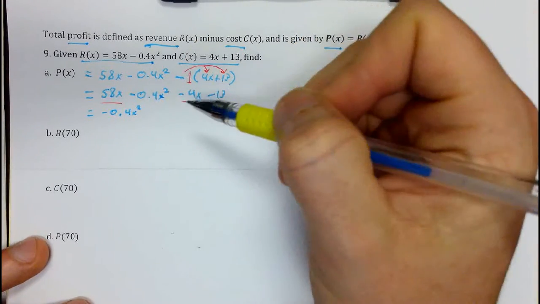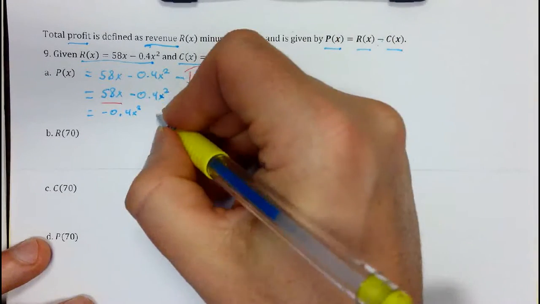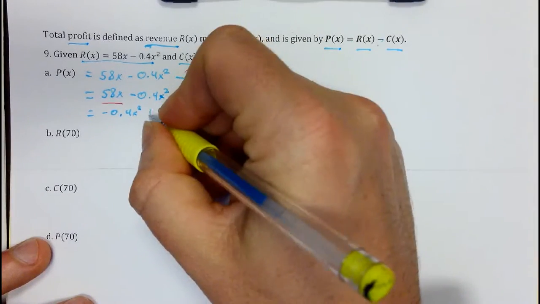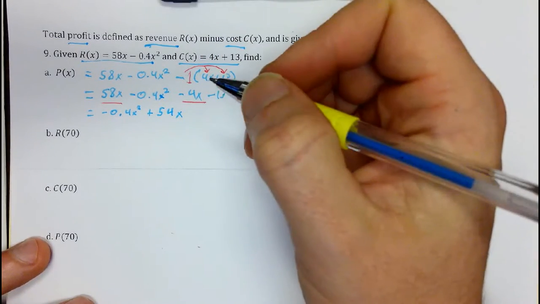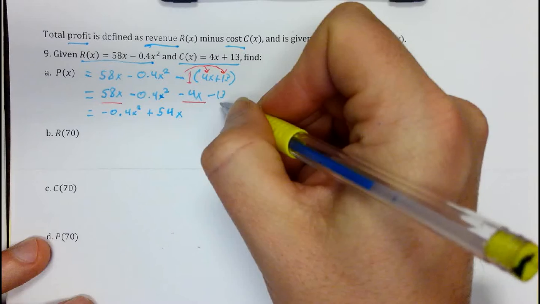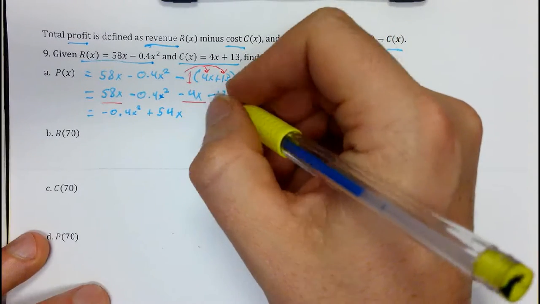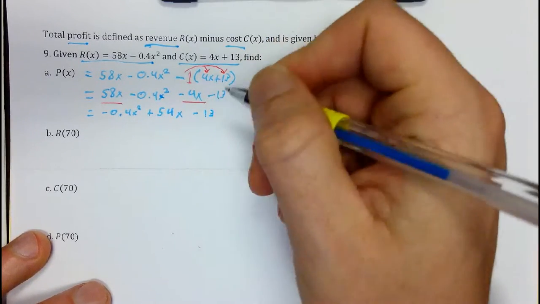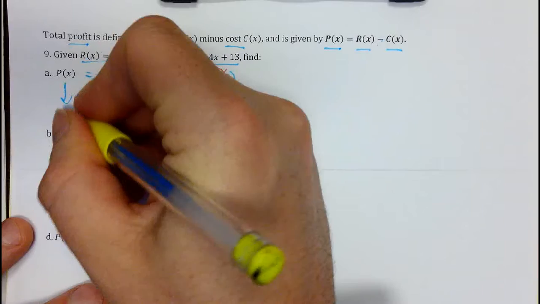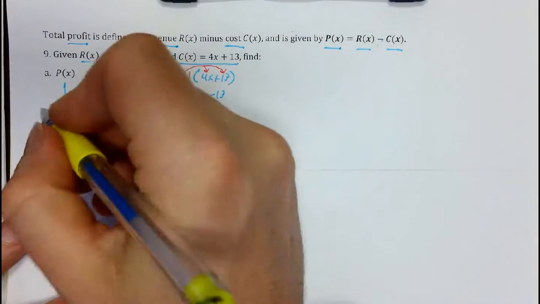So those are 58x and a minus 4x. 58 minus 4 is 54, so plus 54x. And then our last term is the constant term, or the number term that doesn't have a variable. I only got one of those, this minus 13, so I carry that down. And we've done it. We have come up with our profit function, and we've simplified.